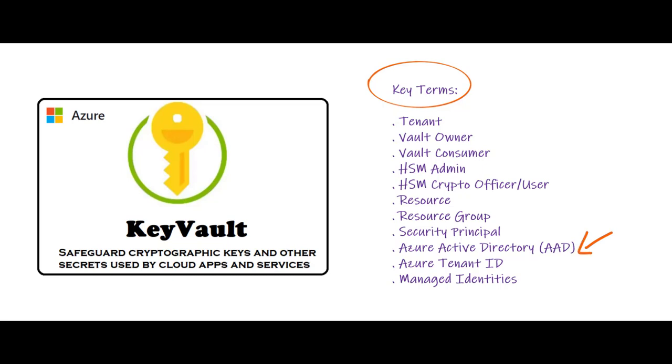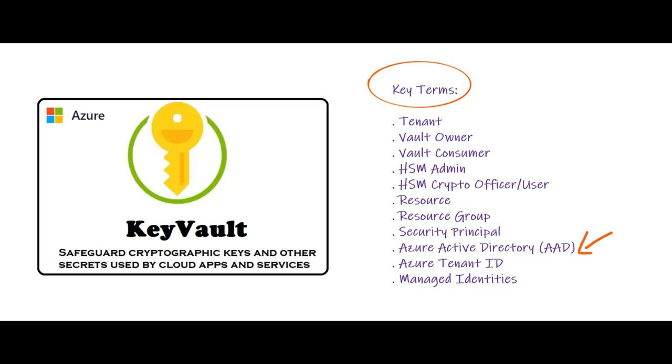Azure Active Directory, or AAD. So this is the Active Directory service for each tenant. Each directory has or can have one or more domains, but they can only have one tenant.